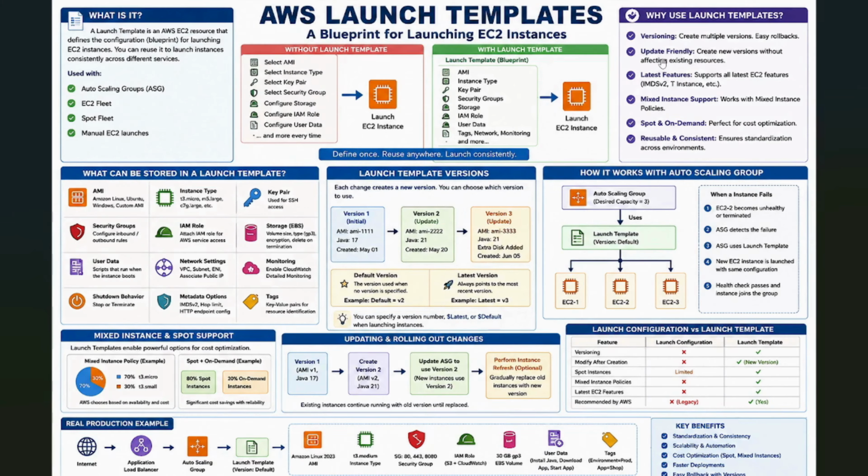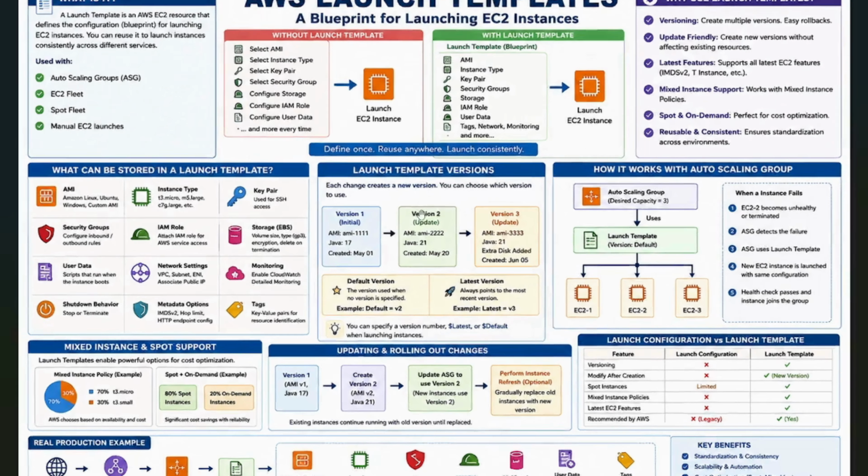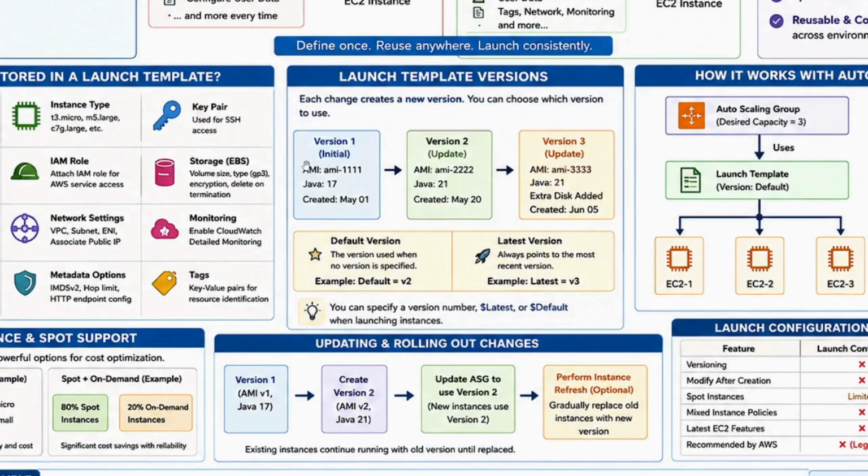How are we going to create it? The various features are versioning, update friendly, etc. It provides the option of versioning. So in version one, say suppose it is having Java 17, and now I'm going to use the same version and then I'll update it.